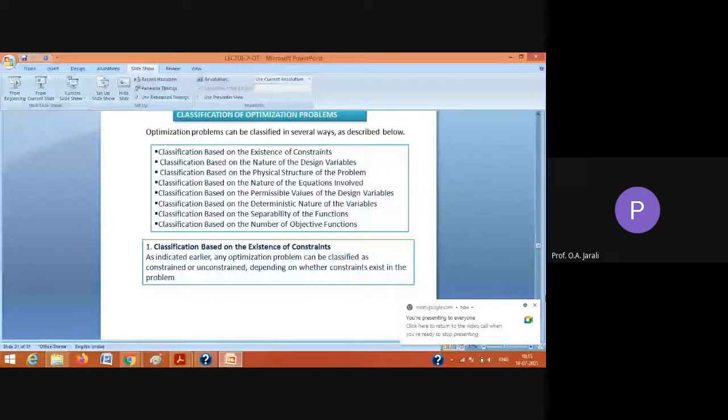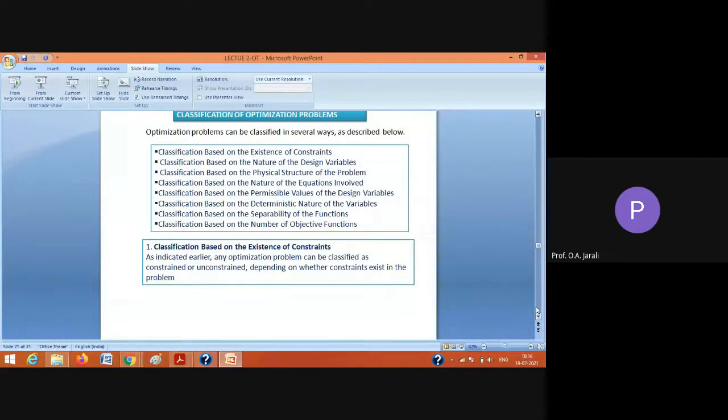One is classification based on the existence of constraints, classification based on the nature of design variables, classification based on the physical structure of the problem, based on the nature of equations involved, based on permissible values of design variables, classification based on the deterministic nature of variables, classification based on separability of the functions, and classification based on the number of objective functions.